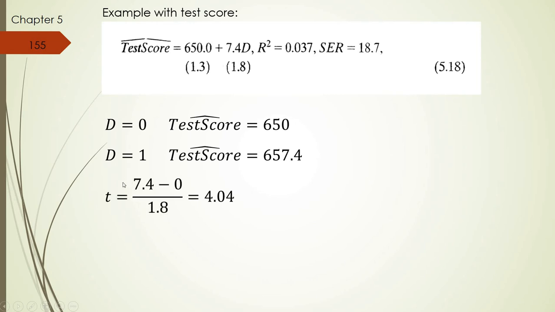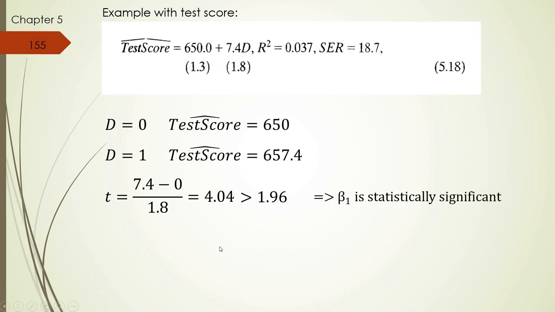We will now test beta 1. The t statistic is beta 1 hat minus the hypothetical value divided by the standard error. Compare it to 1.96, and it is much larger. It is in the area of rejecting the null, so beta 1 is statistically significant.